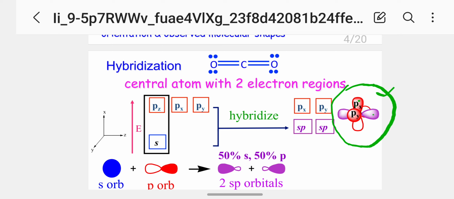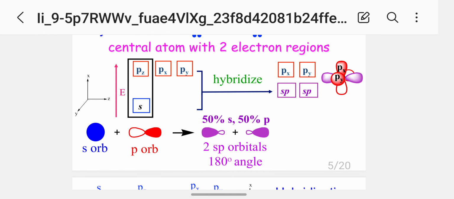Then we have the sp in here, and we have the lone pairs, this one and that one, respectively on the oxygens of the carbon dioxide. Now according to a central atom with 2 electron regions, we have 1 s orbital combined with 1 p orbital, making 2 sp orbitals, 1 sp and a second sp being combined in here.